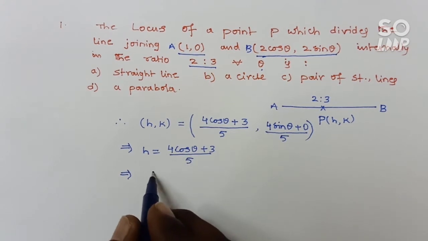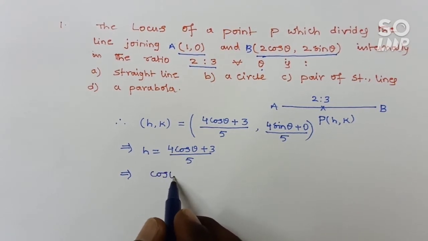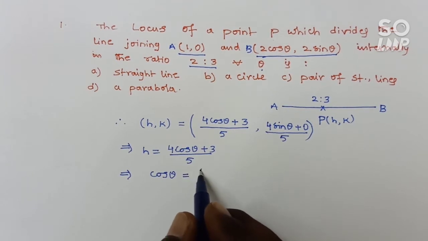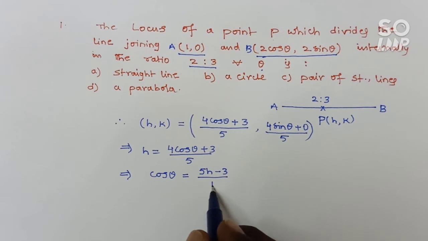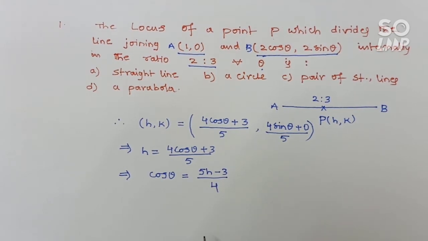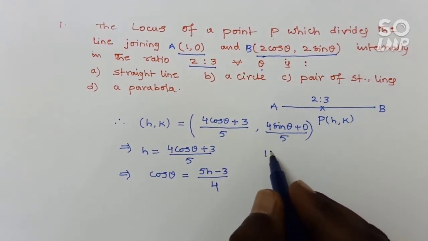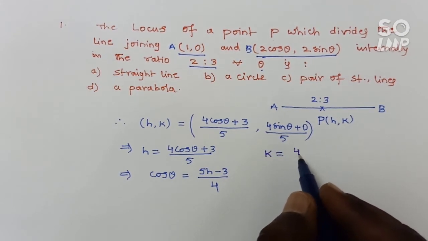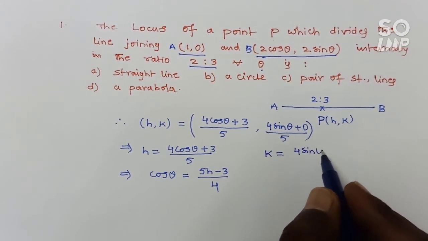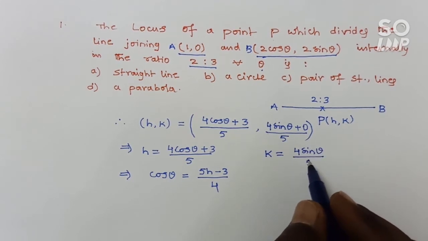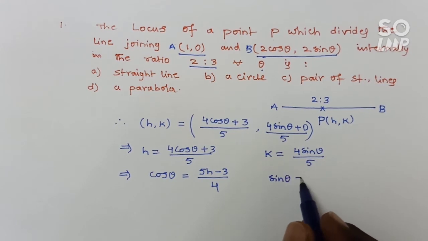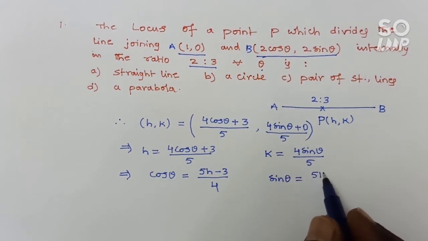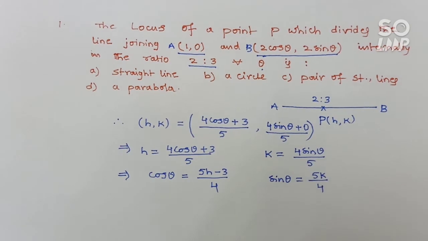From this, cos theta equals (5h minus 3) whole divided by 4. This is the cos theta value. And next, k equals 4 sin theta whole divided by 5. From this, sin theta equals 5k whole divided by 4.